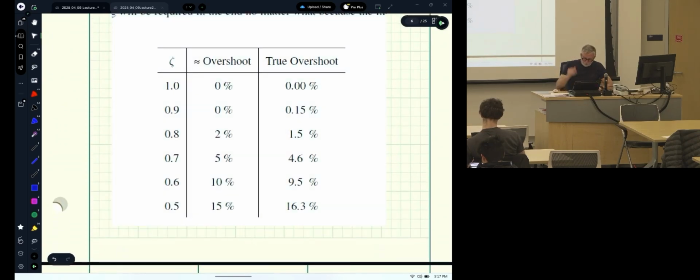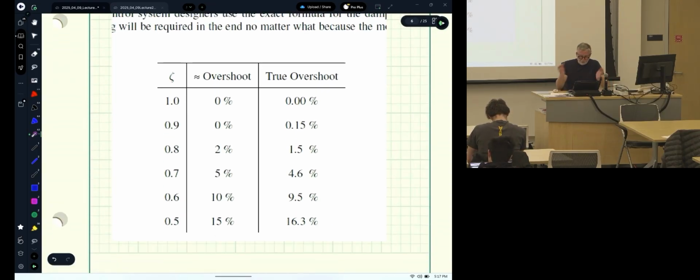So if you know the value of overshoot that you want, so say 5%, 0.7, 15%, damping ratio 0.5, you can just, as part of your design, fix a desired damping ratio.